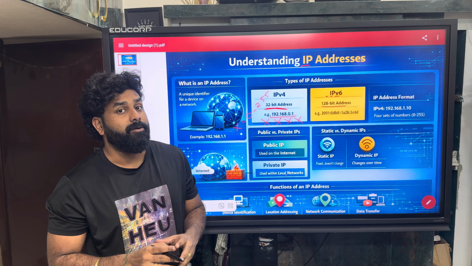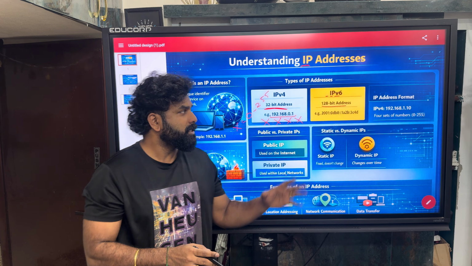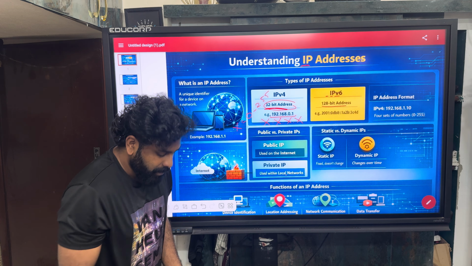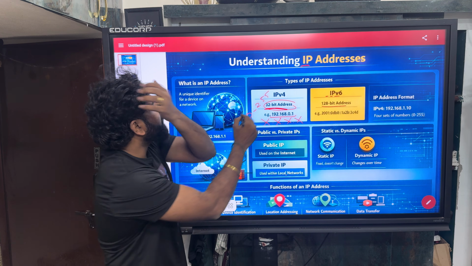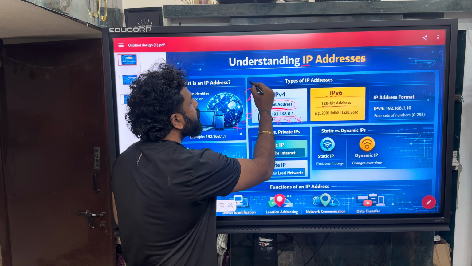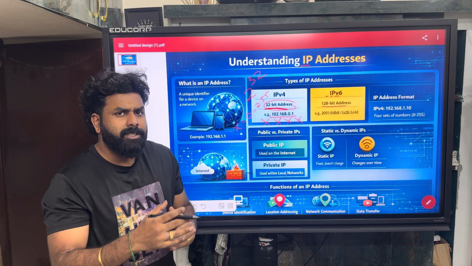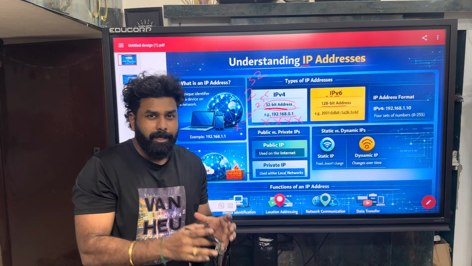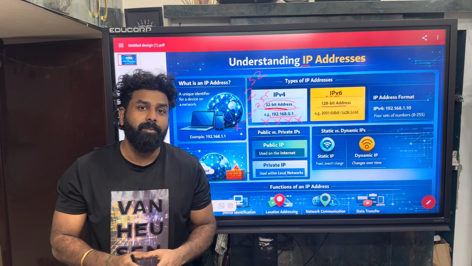See what happened, why we went with IPv6. Very simple reason, guys. IPv4 is of only 32-bit, meaning I can get only up to 2 to the power of 32 IP addresses. Now after Jio came, to be practical, IP addresses are not only for mobile phones and computers.